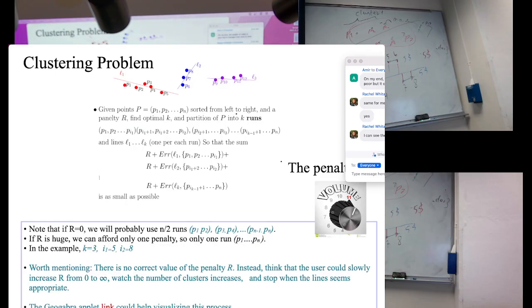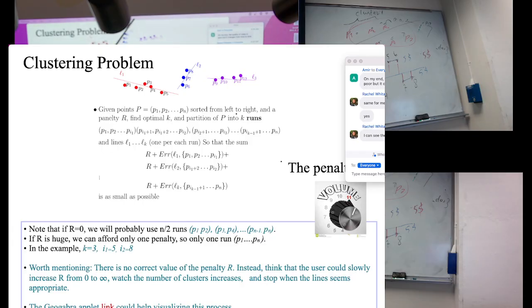If my run ends at P5, then the next point will be P6. That's where a new run starts. And I need to decide for P6 which other points will be in the same run, in the same cluster. Find the best line that fits these points, L2, for the run with these points.